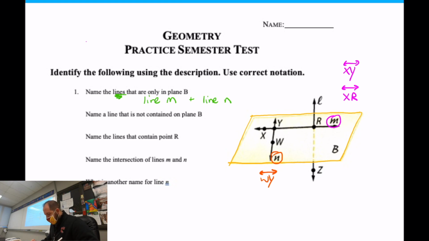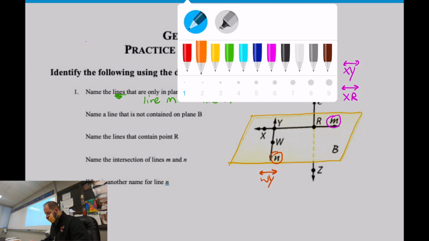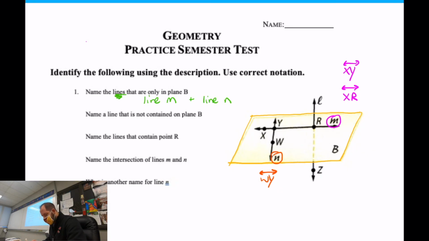Okay, that's good. What is the line that is not on plane B? Line L. Another way to write line L? RZ. Okay, so line L could be written as RZ.